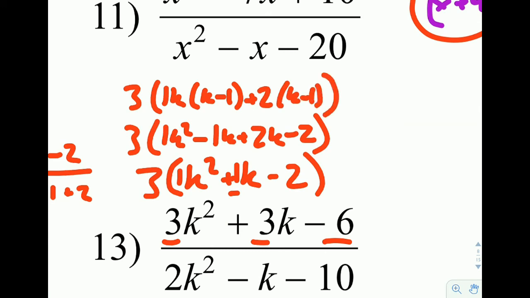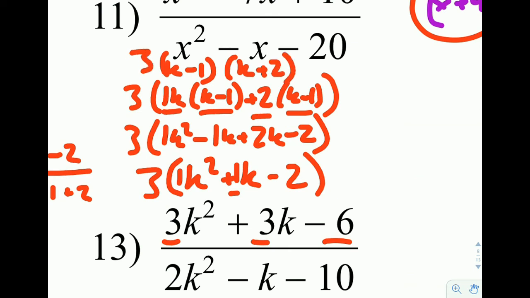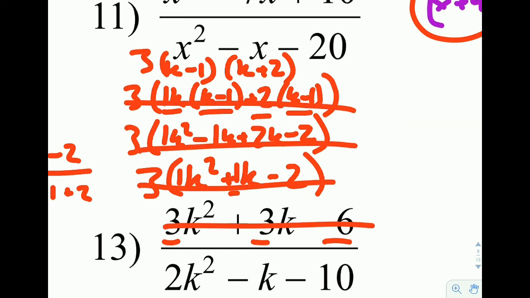And then I have my common group, my k minus 1s, and my leftover group, 1k plus 2, I just write as k plus 2, and I still have my 3 out front of all of that. So the fully factored version is way up at the very top, 3, k minus 1, k plus 2.